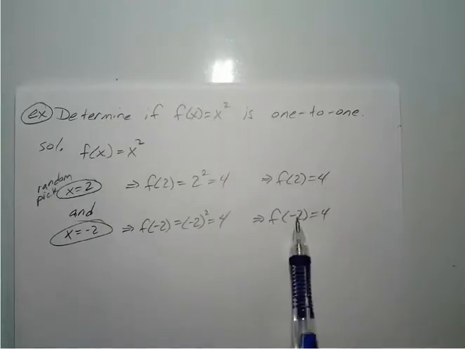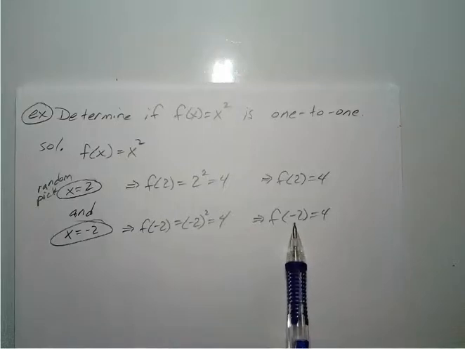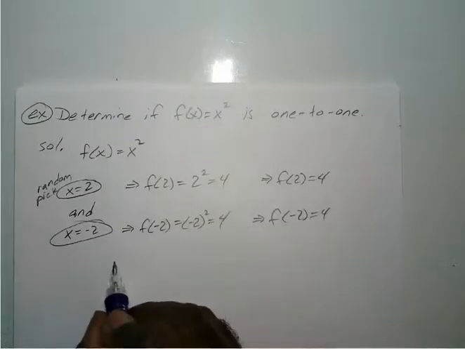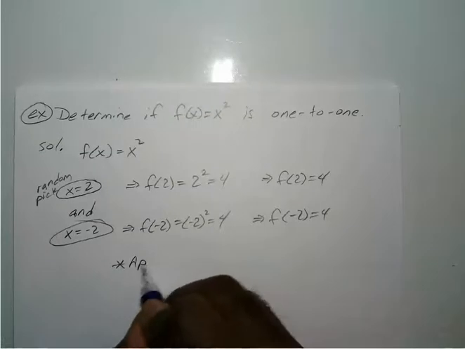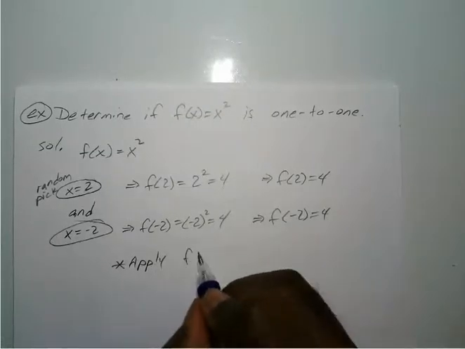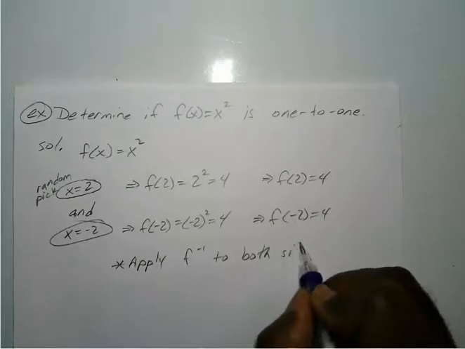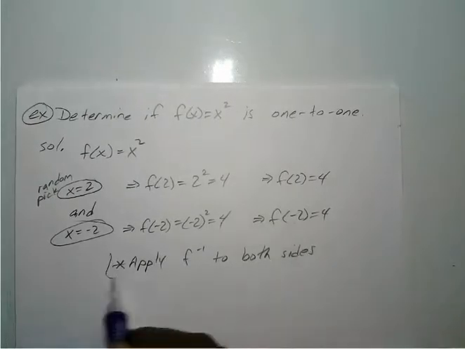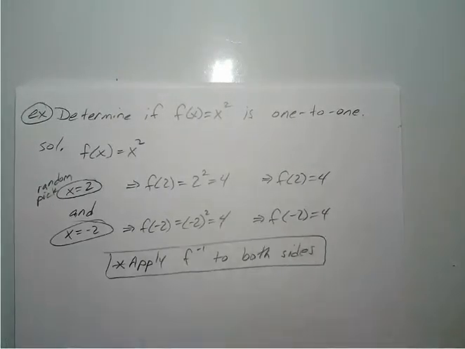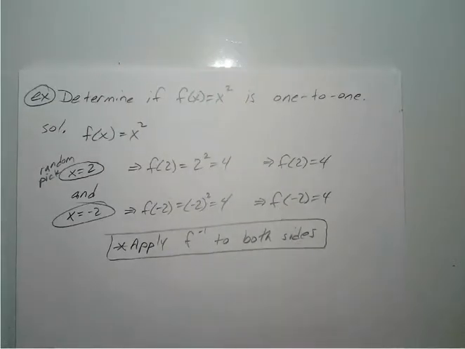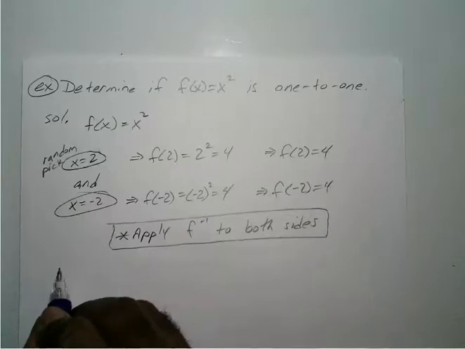Now, if we wanted to find the inverse, we would have to apply f inverse to both sides. The inverse and the function would cancel each other out, and I'll show you what I mean by that.